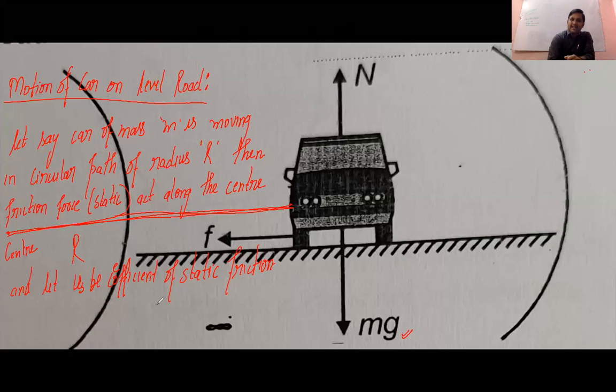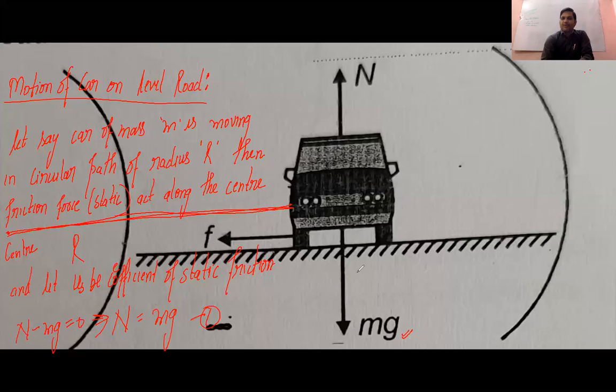This will be balanced, meaning normal reaction will be equal to mg, because there is no motion along the vertical plane. The weight of the object will be balanced by the normal reaction. So N is equal to mg, or you can write N minus mg is equal to 0, so that implies N is equal to mg. This is our first equation.